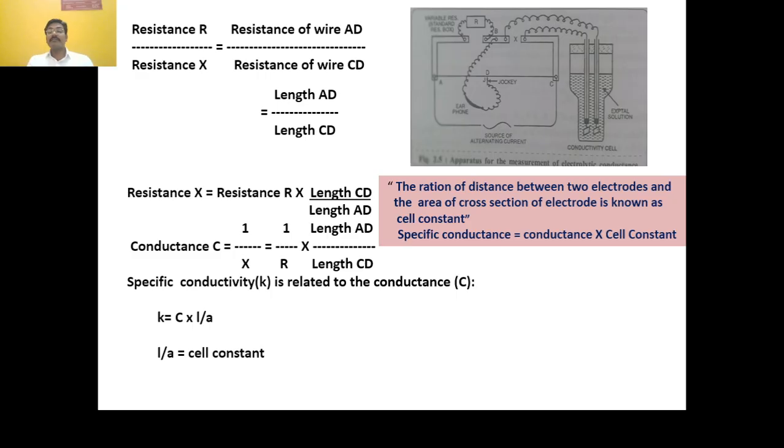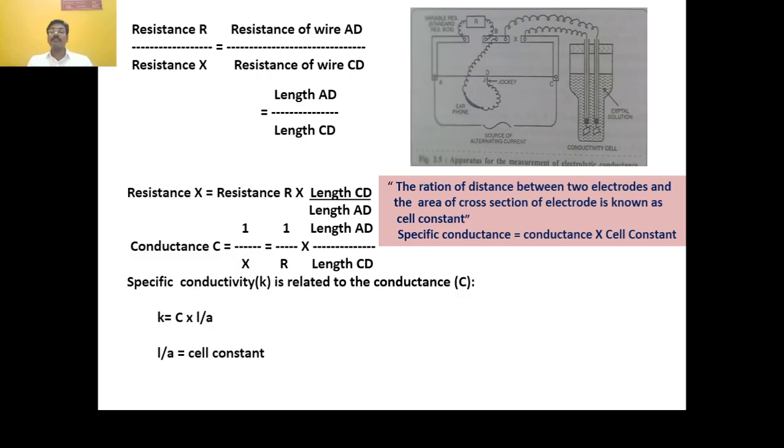The ratio of the distance between the two electrodes and the area of cross section of the electrode is known as the cell constant. As the distance is 1 centimeter and the area of cross section is 1 centimeter square, the ratio L upon A, means 1 centimeter upon 1 centimeter square, is the constant, and therefore it is called the cell constant.